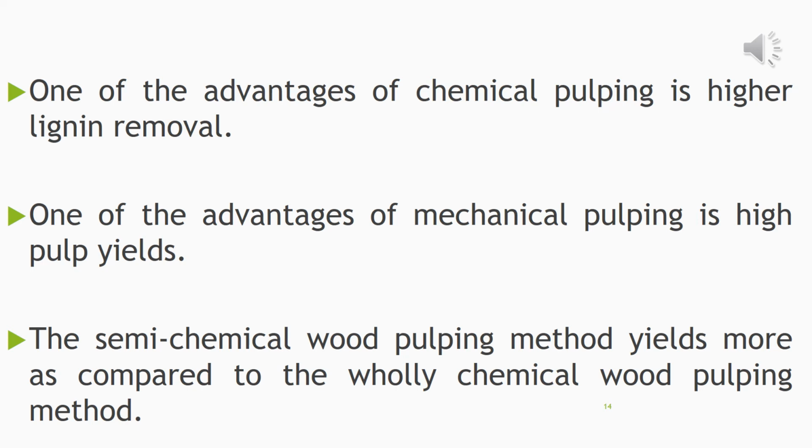The yields are low in chemical pulping, but in the case of semi-chemical wood pulping, the yields are higher than wholly chemical wood pulping. So the drop of yields is not as much as in chemical pulping.